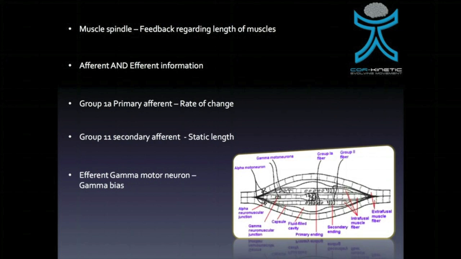As I increase lengthening force on a muscle and maybe my muscle decreases or increases spring stiffness, that's going to change tension level as well. So the Golgi tendon organ is also very important, and as I said before, intimately entwined with the muscle spindle. But what we're going to talk about today is a little bit more about the muscle spindle, simply because it's also got an active component, which is really, really important.